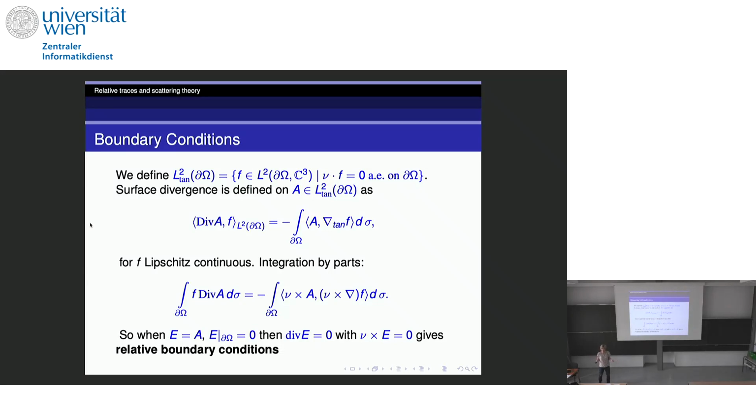I showed this computation because all of these computations are a bit like vector calculus on steroids. Okay? So we are really interested in a very specific case where the tangential component of E is 0, E is divergence free, and U cross E is 0. This gives relative boundary conditions.